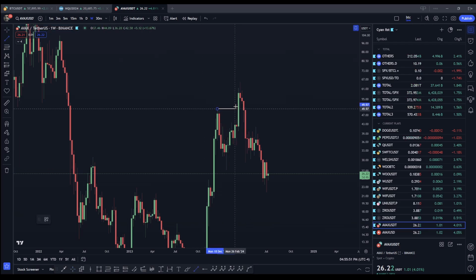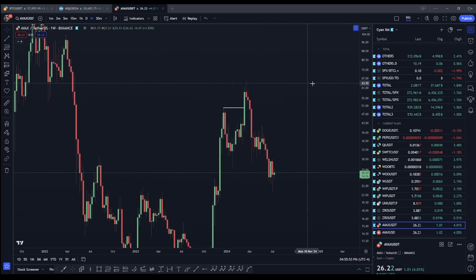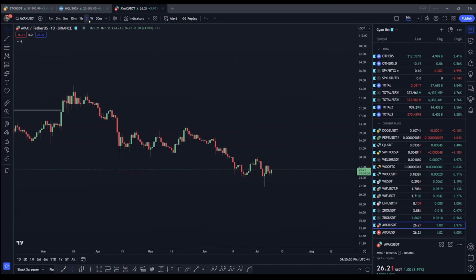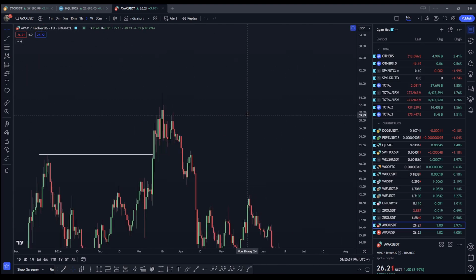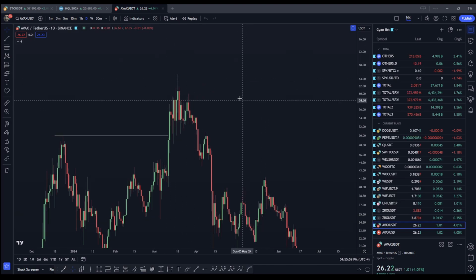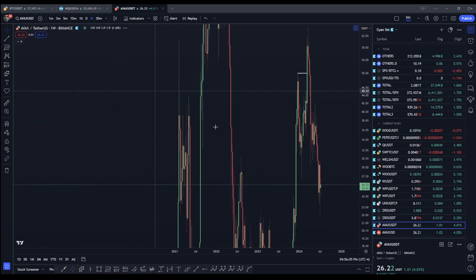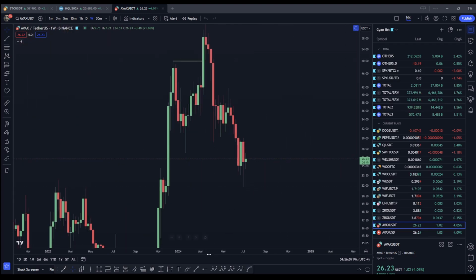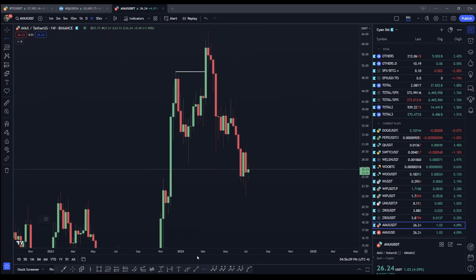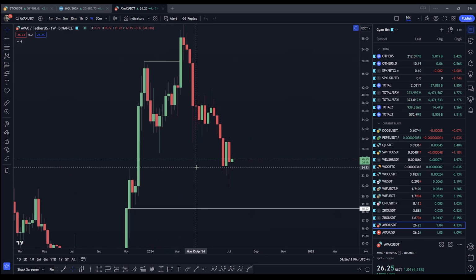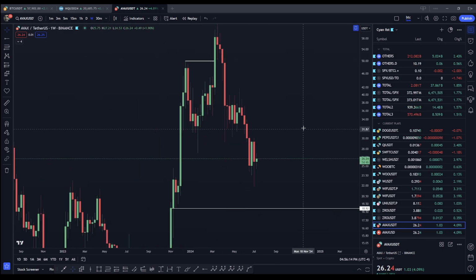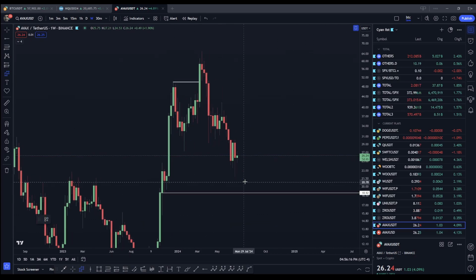Now, AVAX is different because it did sweep on a weekly level. On the daily, I don't really see it. Yeah, you could call that a sweep. And then it kind of starts to sell side of the curve. I wouldn't really be interested in AVAX until I see this being swept. It's just a down candle. So 1896, and then you can see some kind of formation like that.